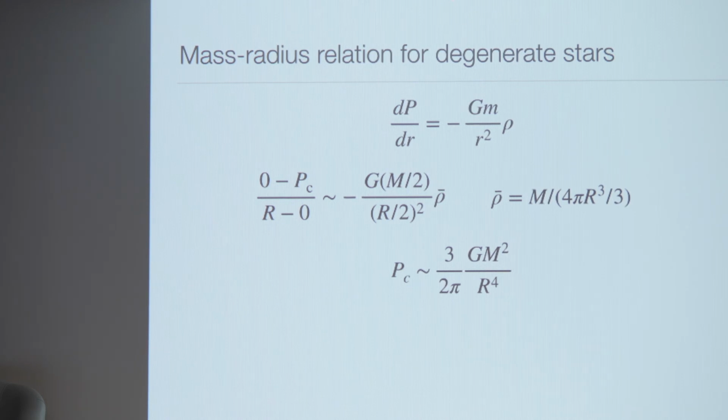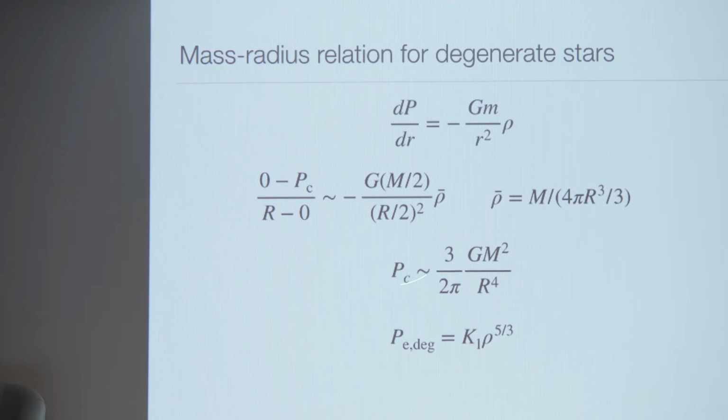Let's imagine a star now supported by degenerate pressure. So we think about the electron degeneracy pressure, which should be proportional to density to the 5/3 as we saw.